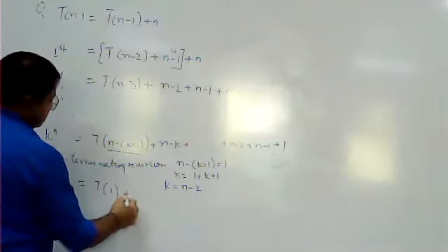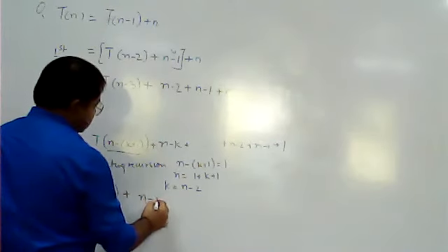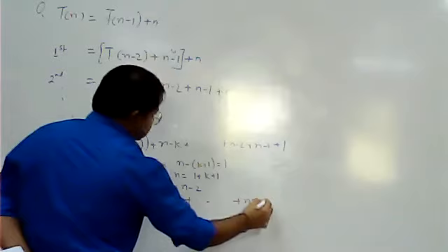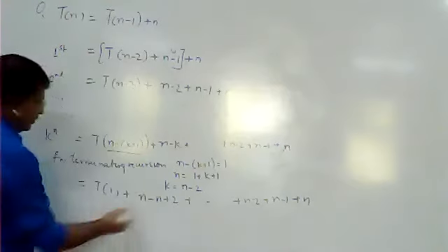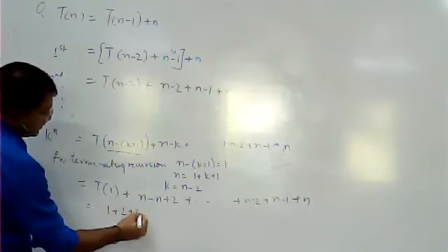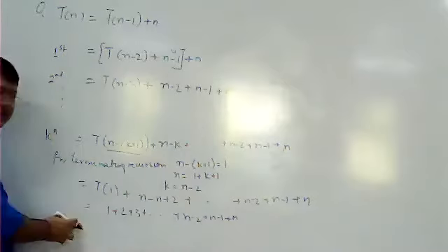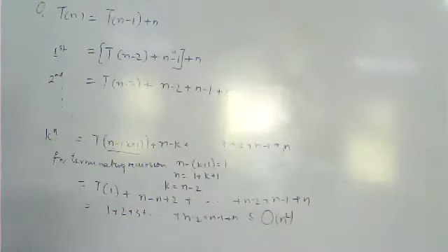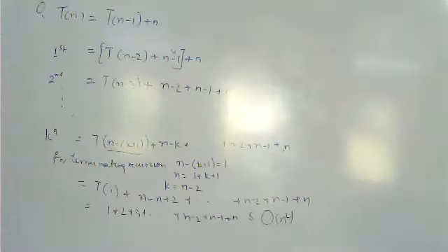T(1) plus, here if we put the value, n minus n plus 2 plus n minus 2 plus n minus 1 plus n. So this value will evaluate to 2, this will evaluate to 1. So T(1) means 1. So 1 plus 2 plus 3 plus n minus 2 plus n minus 1 plus n. So it is the sum of n terms, and the sum of n terms means order of n square. Is this clear?